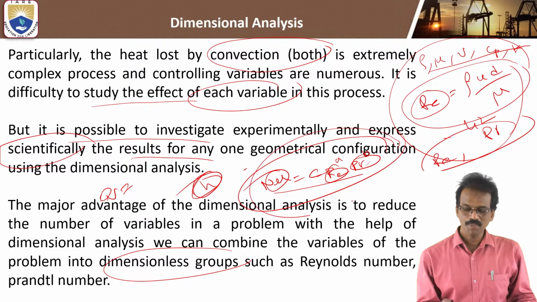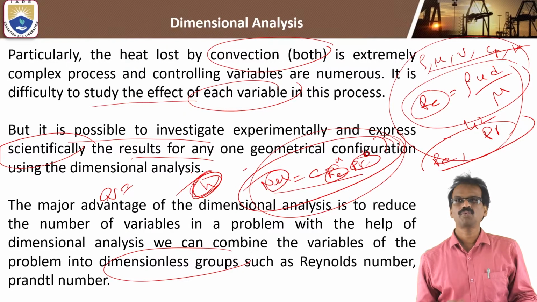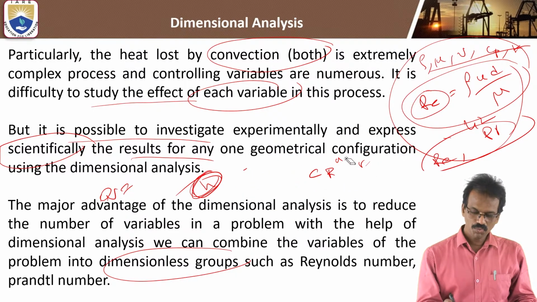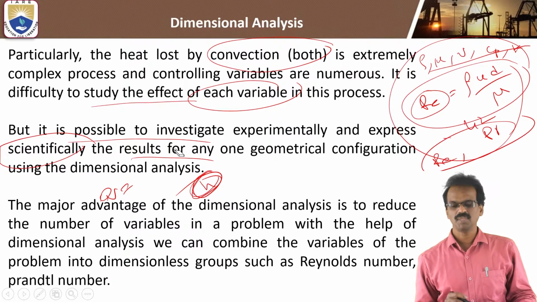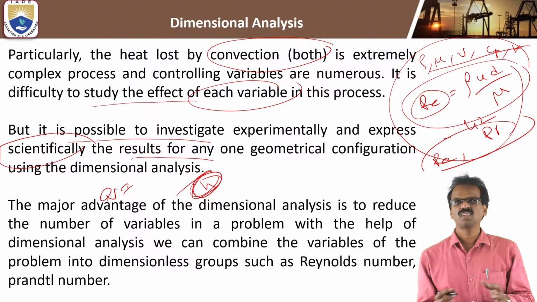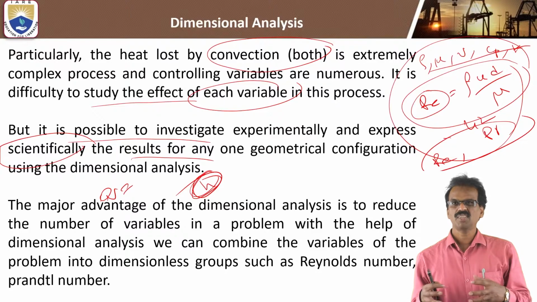By using these groups, we are finding the heat transfer coefficients. That is the advantage of dimensional analysis. By the help of the dimensional analysis method, we combine the different variables which are included in the fluids, and all the variables are converted into dimensionless groups.